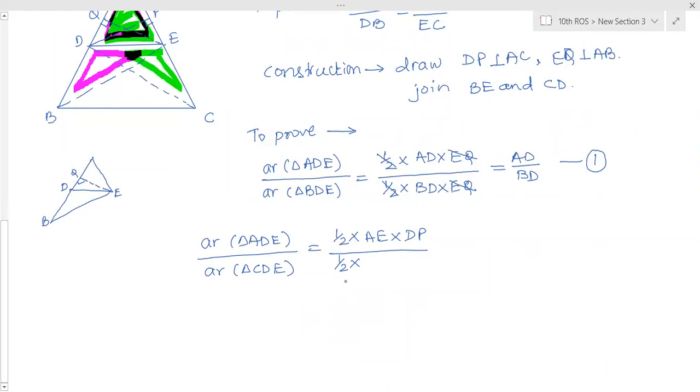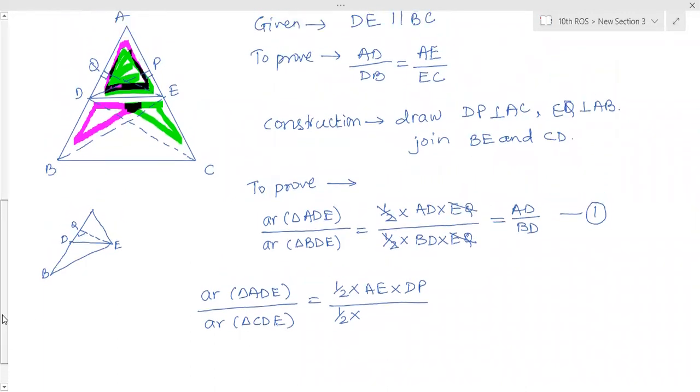What is the base we have to consider in triangle CDE? EC, and the height is DP.